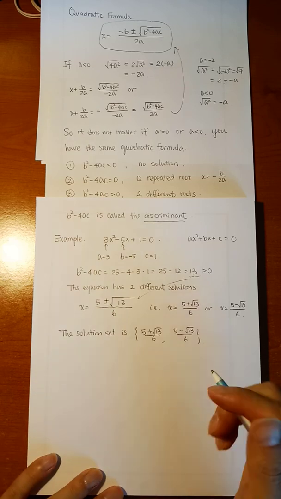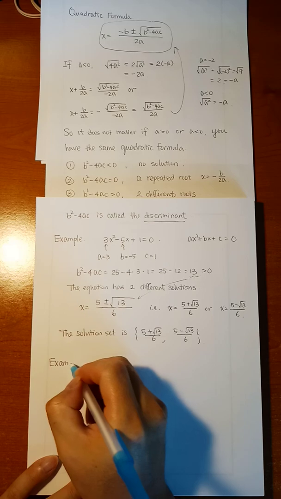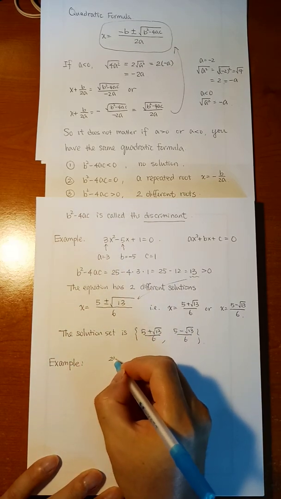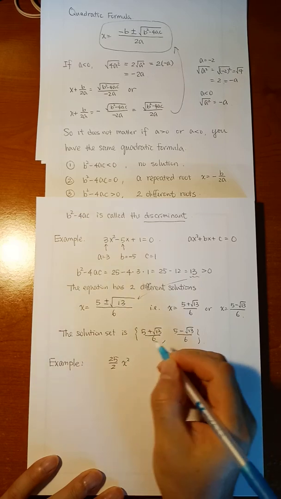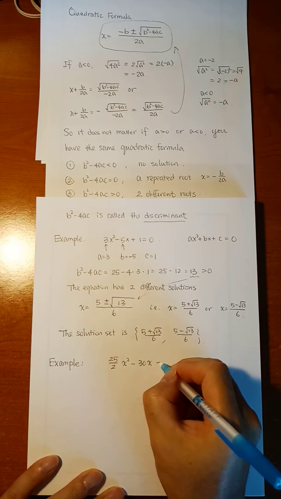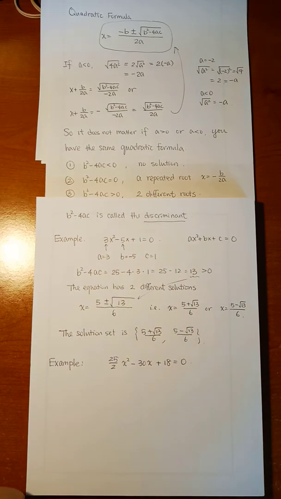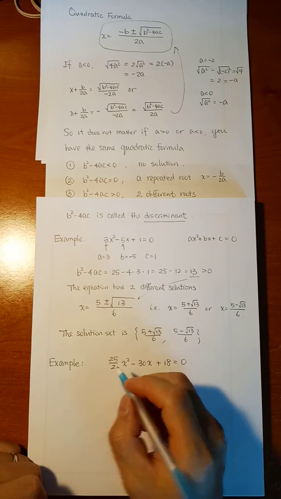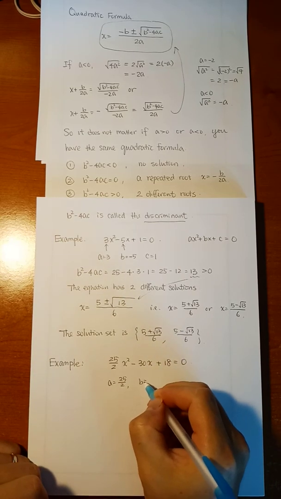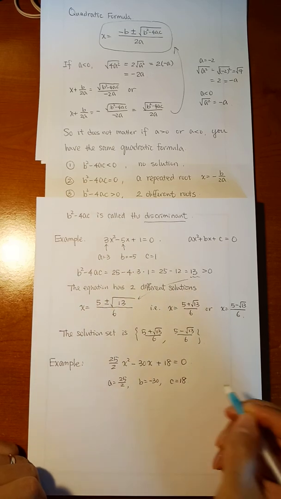And next, let's see the next example. We have 25 over 2 times x squared minus 30x plus 18 equal to 0. So here a is 25 over 2, b is negative 30, and c is 18.